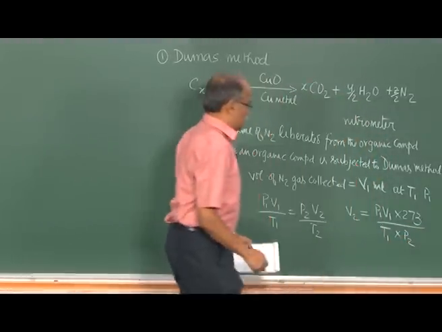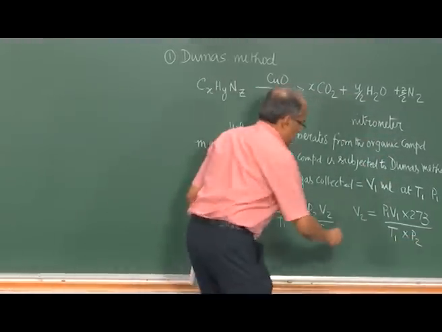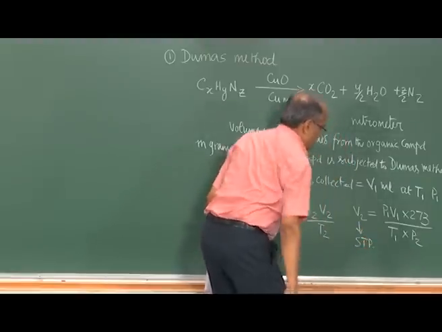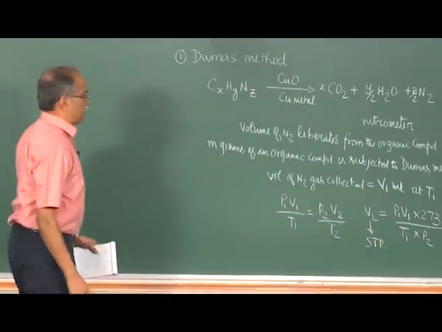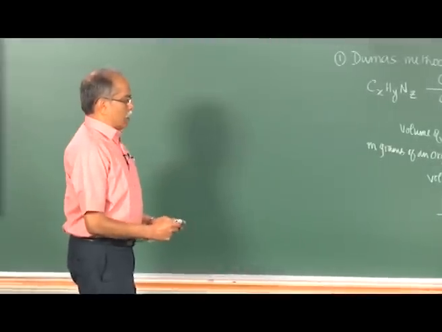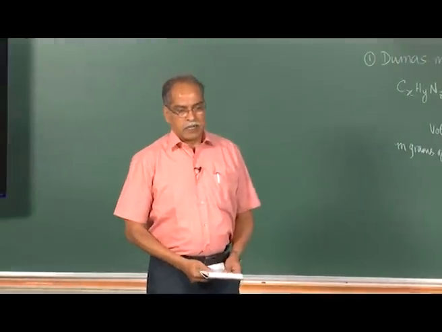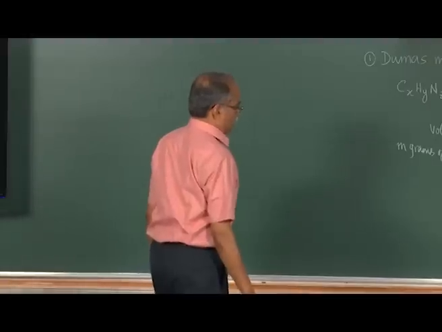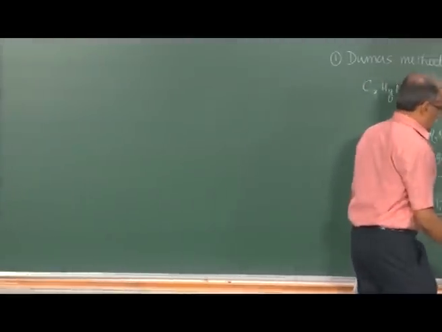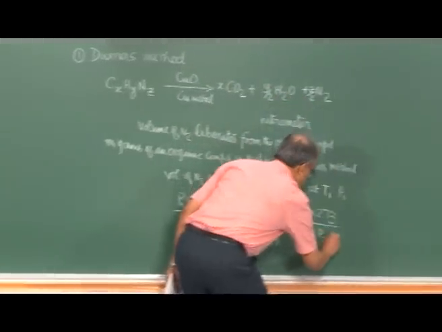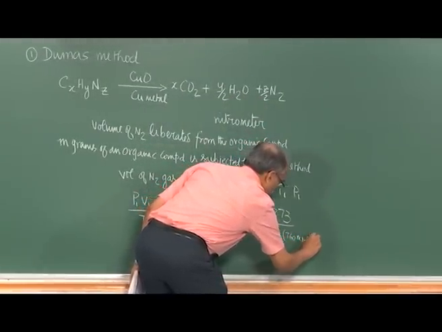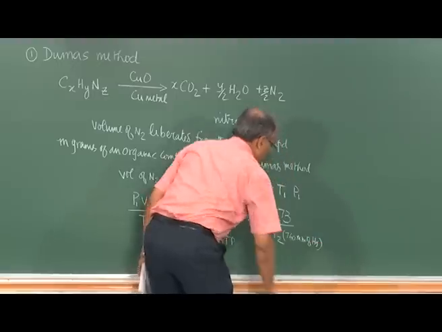So, if you solve this, then you can get the volume of nitrogen at standard temperature and pressure or normal temperature and pressure. Now, once you have the volume of nitrogen that is collected at a standard temperature and pressure, that is 273 Kelvin and 1 atmosphere, this is 760 millimeter of mercury, the standard condition.